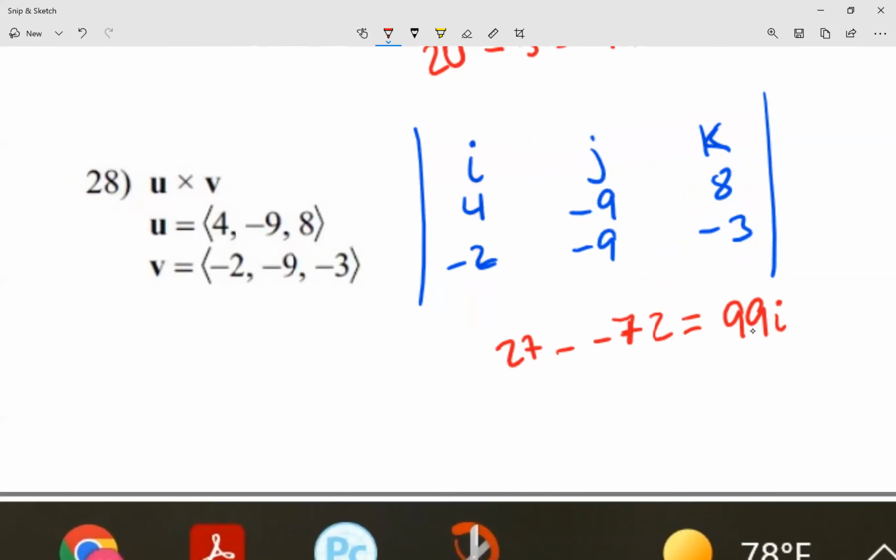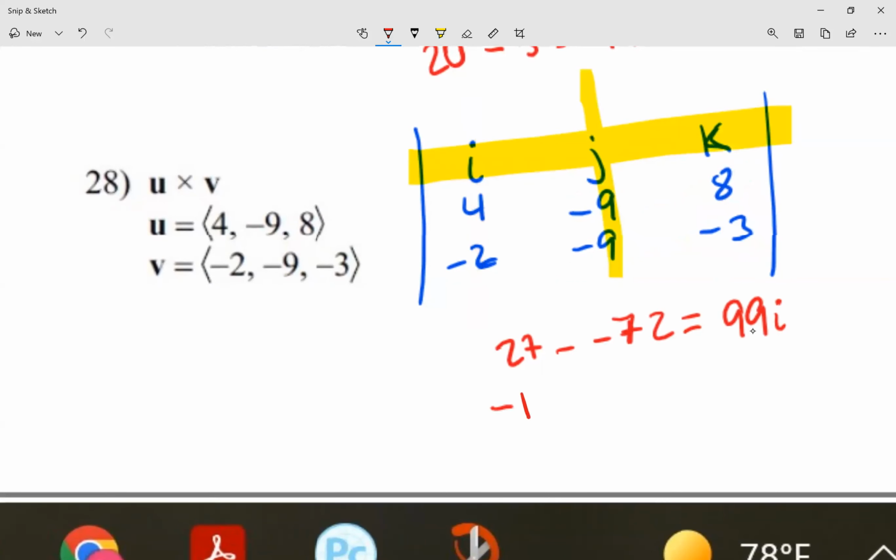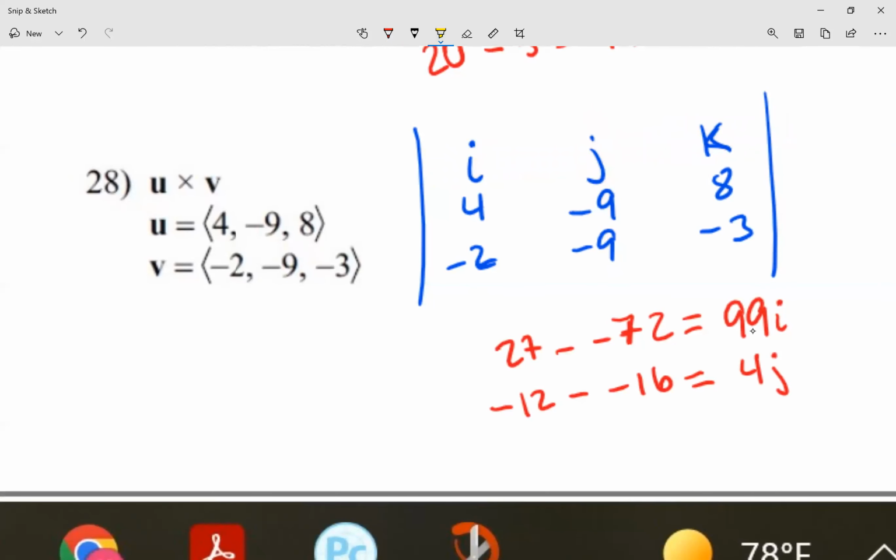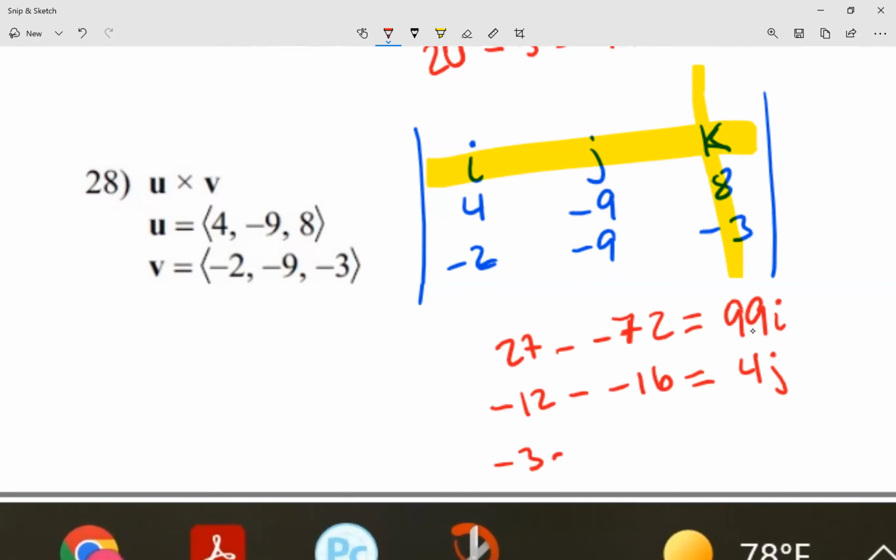Using my matrix, let me find out my J discriminant. When I cross multiply, I have -12 minus -16. So this is basically 4. Let me find my third discriminant. When I cross multiply, I have -36 minus 18.